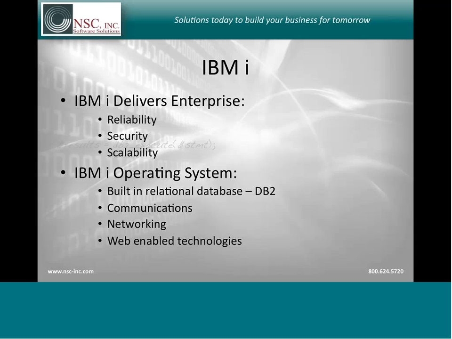Let's talk about the IBM I. Probably one of the main reasons that we have PHP on the IBM I is because of the reliability of the IBM I itself. This is a box that's been around and performed for years, in various stages, as the AS400, iSeries, and now as the IBM I and Power 6s and Power 7s.